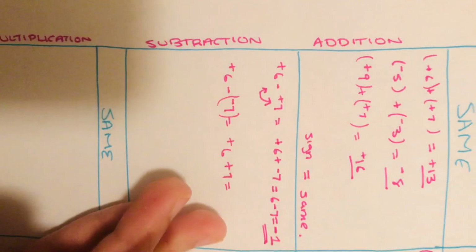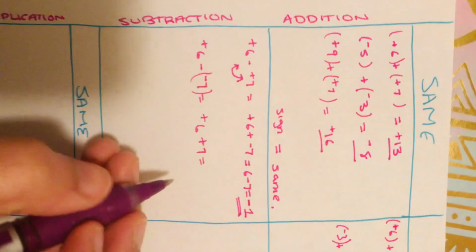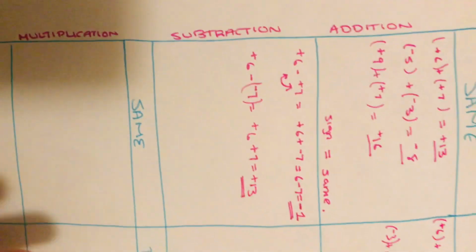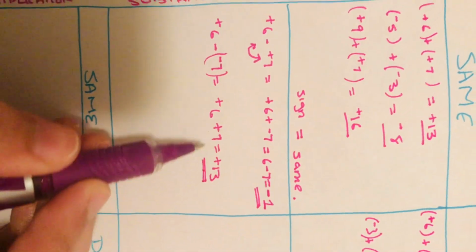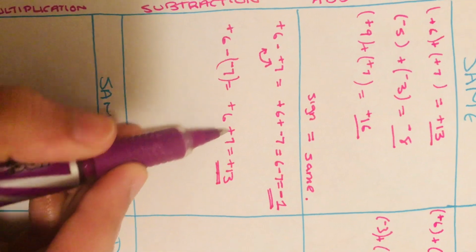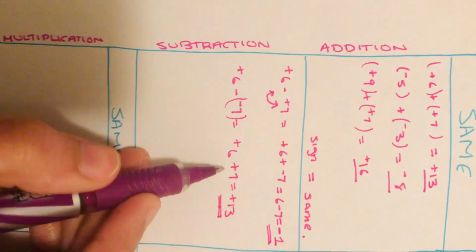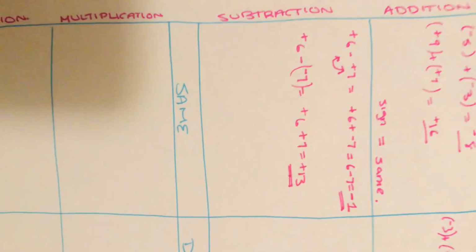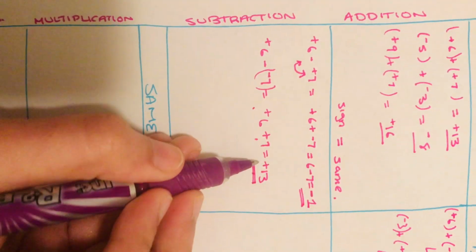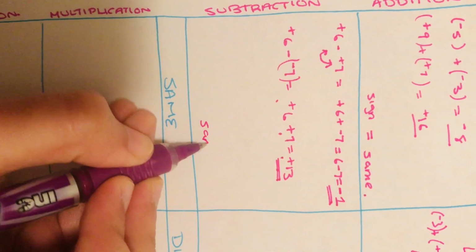So you just add them up normally like you did here, and you're going to get +13. So the sign will be taken of the numbers that you added, because the sign is the same, right? Since it's positive, the answer is going to be positive, so the sign remains the same.